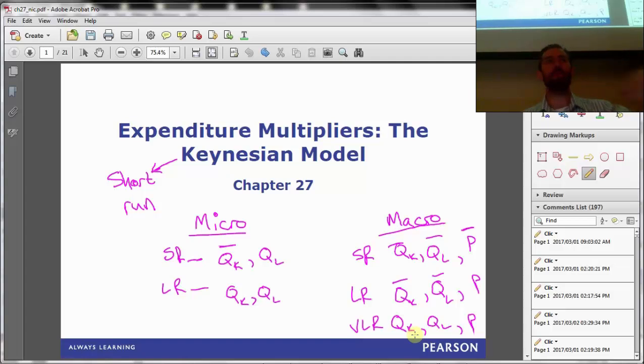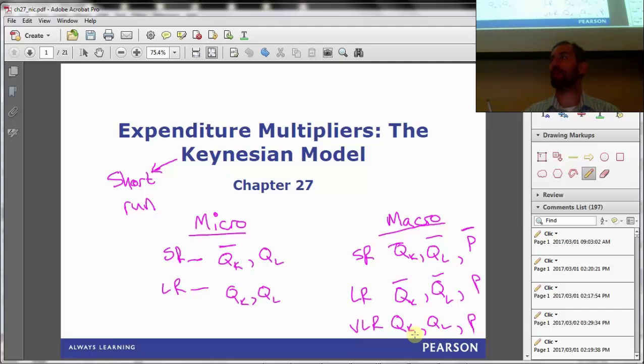So we produce some amount of output, and we're going to spend some amount on that output. And if we're in equilibrium, then the amount that we produce and the amount that we're buying essentially must be the same. If there is a disconnect between the amount that we're producing and the amount that we're buying, then the economy needs to adjust somehow.